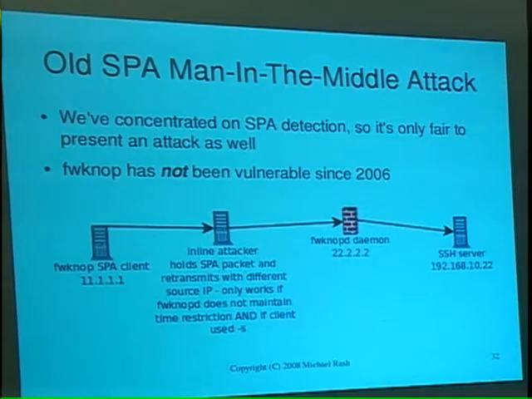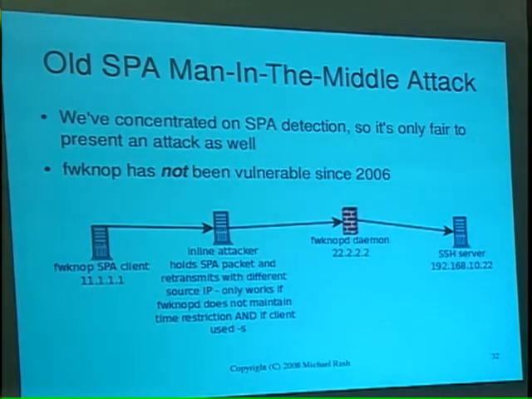So an attacker that possessed an inline device could intercept an SPA packet and store it off on disk somewhere. The client side sent this SPA packet across, but of course SPA is never acknowledged, so when the follow-on SSH connection was attempted, it wasn't allowed.